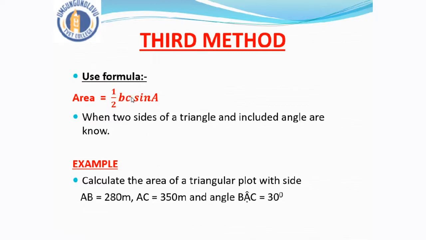You are given the angle, so you need to times those two sides that include that angle. Okay, you should not confuse yourself here. You can name it anyhow, as long as you know that you need to times here the side that includes the given angle. And for here, for sine A, for A, you put the angle that you are given.